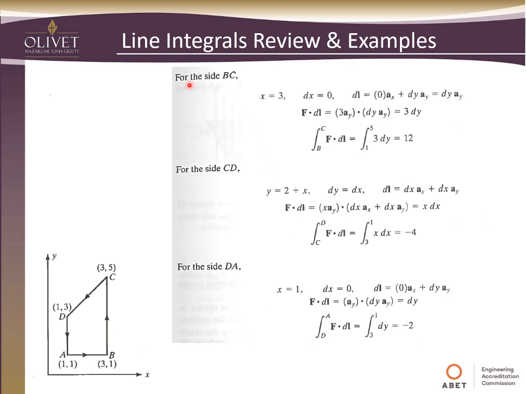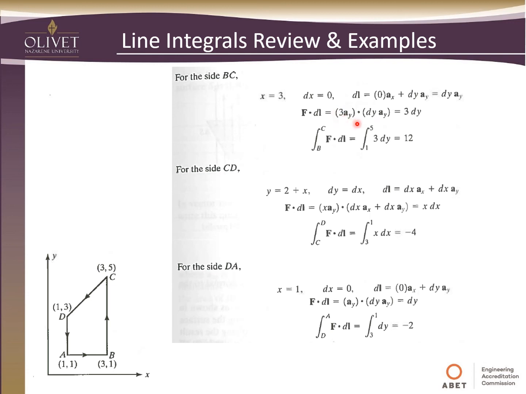If we consider now from B to C, we see that x is not changing. x is 3 all the way through, so dx would be 0. So now our differential length, the x part's 0, and the dy a_y part comes there. If we take this dot product and evaluate that out, again, we have x a_y, but we know x is equal to 3, so that's where this 3 came from.